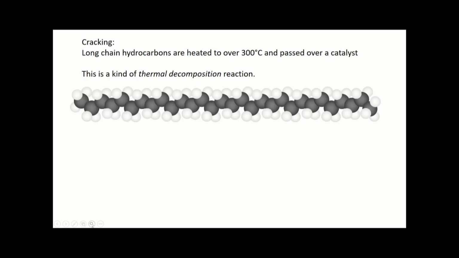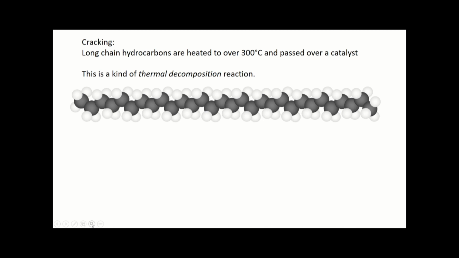Cracking is if we take a long chain hydrocarbon, such as the one I've got here, and we're going to heat it to 300 degrees C or higher, high temperature, and we're going to put it over some sort of catalyst. Now that could be aluminium oxide, or it could be porous clay, fired clay.